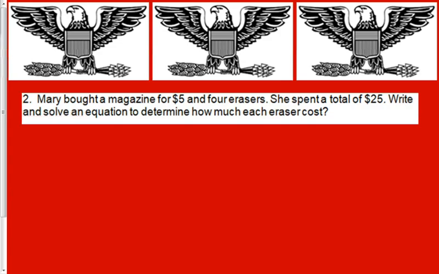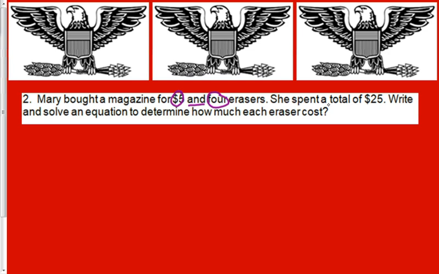Let's do one more. This one actually comes from the homework for this section. Last one, it says, Mary bought a magazine for $5 and 4 erasers. So I'm going to just circle a couple things. A magazine was $5 and 4, it's not written out as a number 4, but it's 4 erasers.